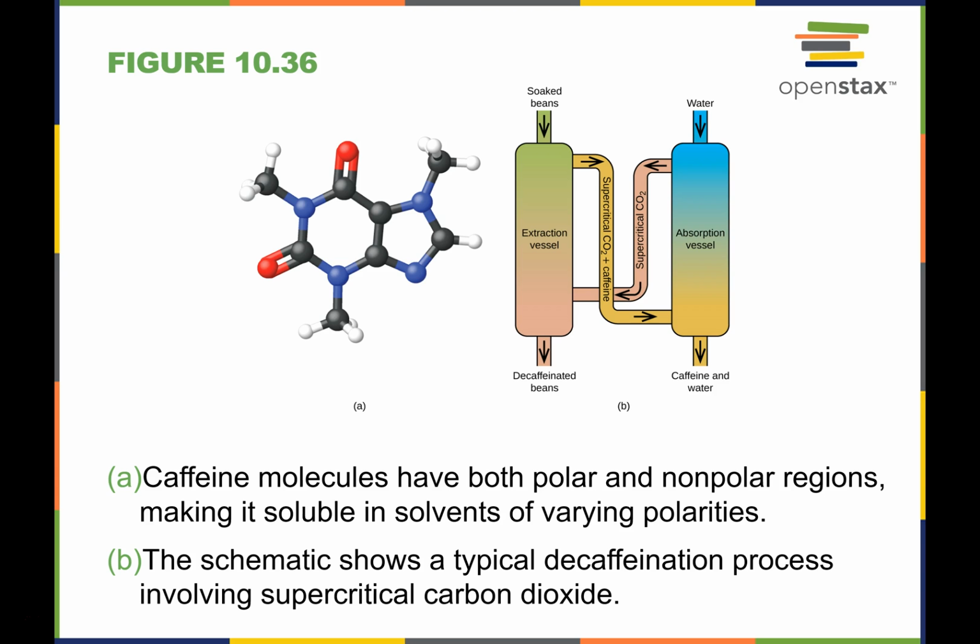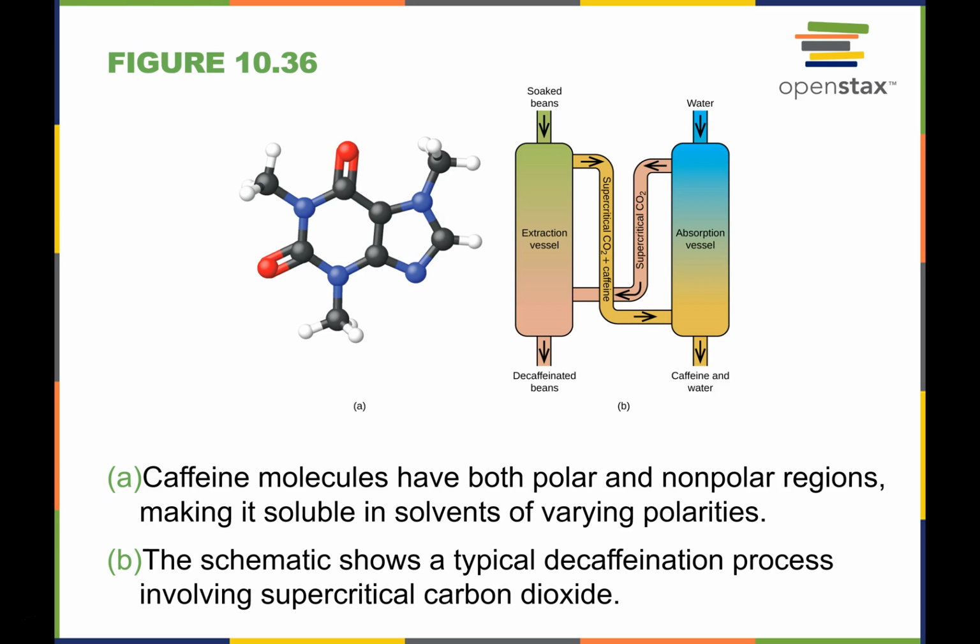This is supposed to be the caffeine molecule that we're trying to extract from our little coffee beans without hurting the coffee bean. I liked the video we saw because it said that the viscosity goes to 0 in a supercritical fluid, so there's no resistance for it to penetrate what it's trying to extract. So you put your beans in here.